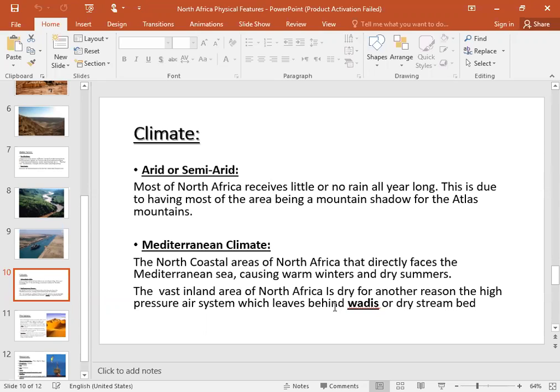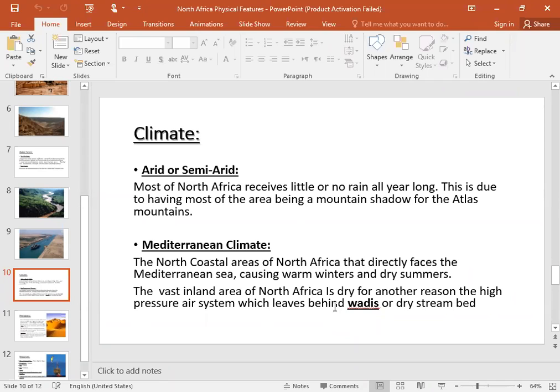Okay, so this is the second type of climate. The first one, in desert, they receive little or no rain. The second one, near the Mediterranean Sea, facing the north coastal areas of North Africa, the Mediterranean Sea causes warm winter and dry summer. The last one is the inland of North Africa.